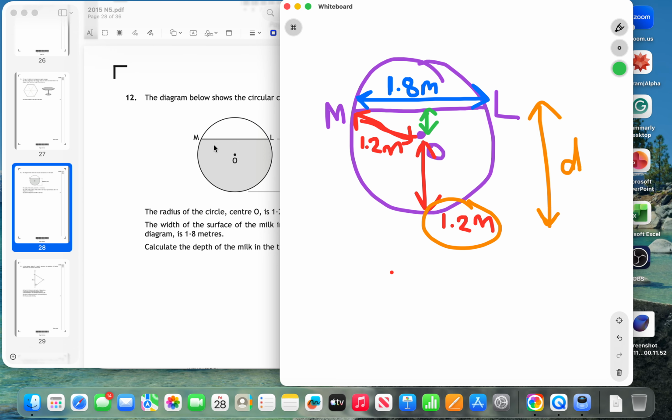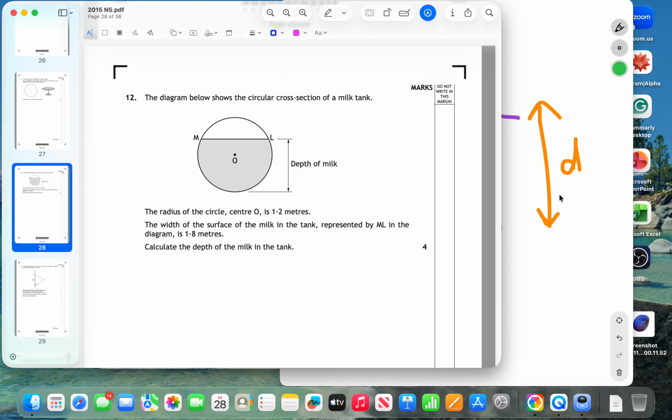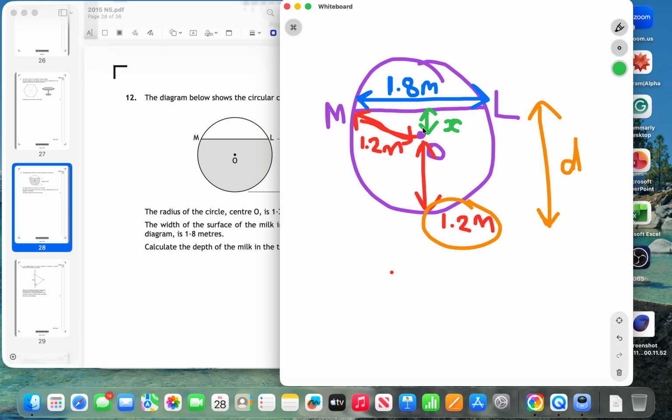The chord ML is horizontal, so we can say that this is X, and the depth is equal to 1.2, the radius, plus this X.